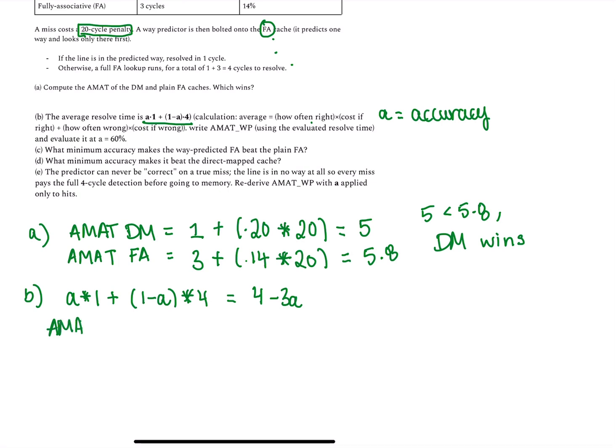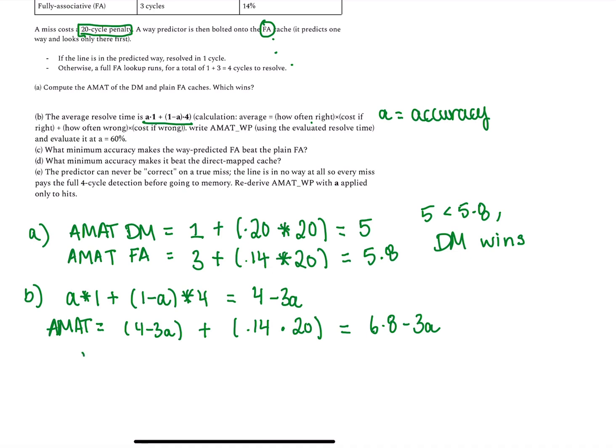So we have our 4 minus 3A plus miss rate, so we still have 0.14 times miss penalty, still 20, and we can do this out, and we get 6.8 minus 3A.